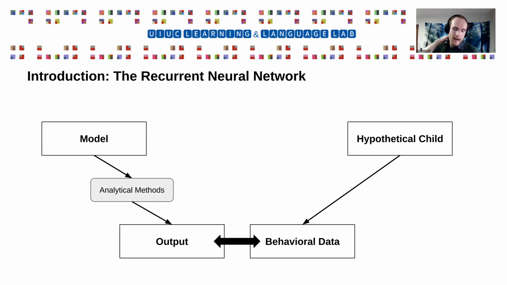Now, the problem with the procedure and the methods that I've just described is that there is this intermediate step where, in order to get the model to produce some output that can be compared with behavioral data, we use analytical or diagnostic methods that weren't really developed, or aren't really plausibly considered, things that children might actually do, right?